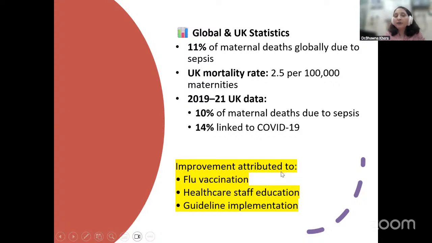Improvement is attributed to flu vaccination. There is a big role of vaccination, particularly for deaths related to influenza and COVID-19, along with healthcare staff education and guideline implementation. These have led to the improvement in maternal deaths due to sepsis.